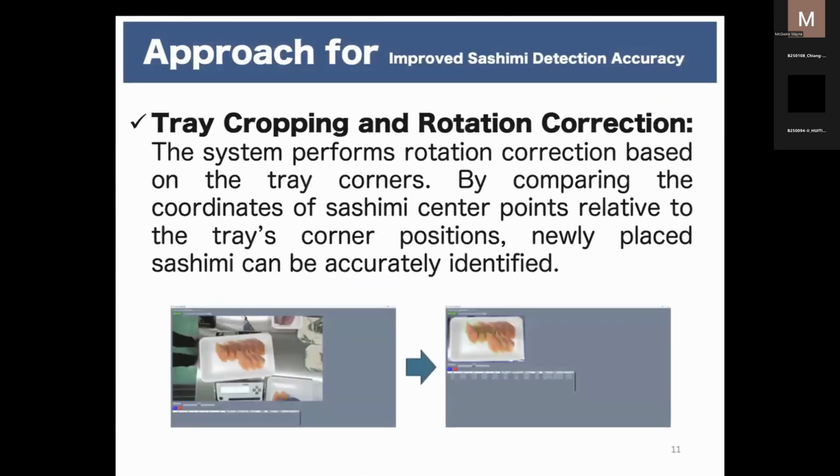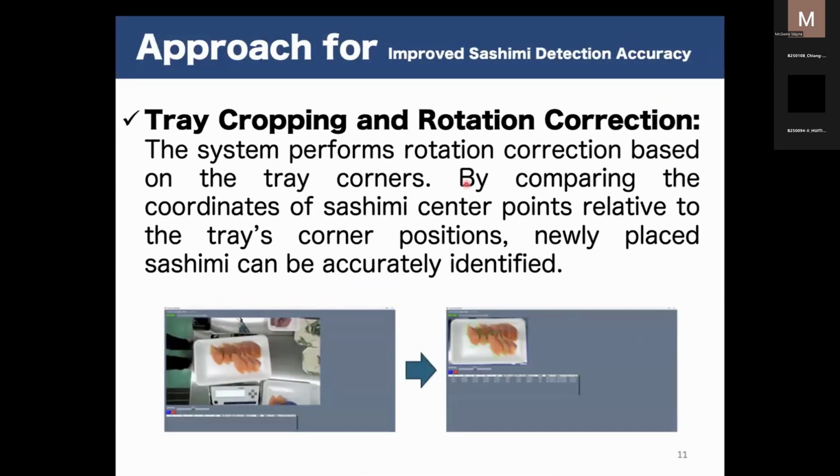So we tried different approaches, and finally we found that to mitigate these misalignment issues, we introduced a tray rotation correction step before applying the model to detect the raw fish on the tray.